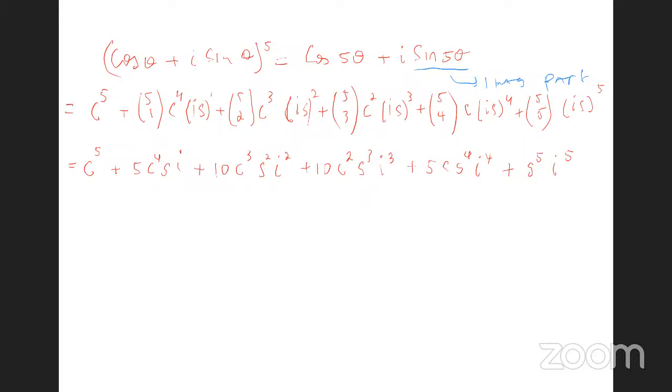Then you make a few substitutions. So that'll be C^5 plus 5 C^4 S i. i squared is minus 1, so this becomes minus 10 C cubed S squared. i cubed is minus i, so that'll be minus 10 C squared S cubed i. i to the 4th is positive 1, so that's 5 C S^4. And i to the 5 is just positive i, so that'll be S^5 i.